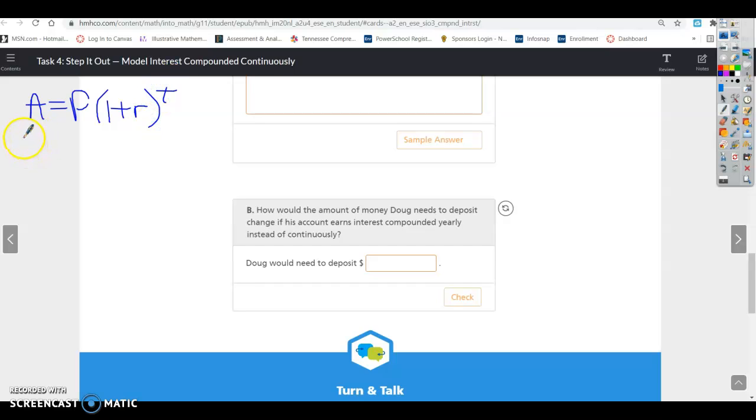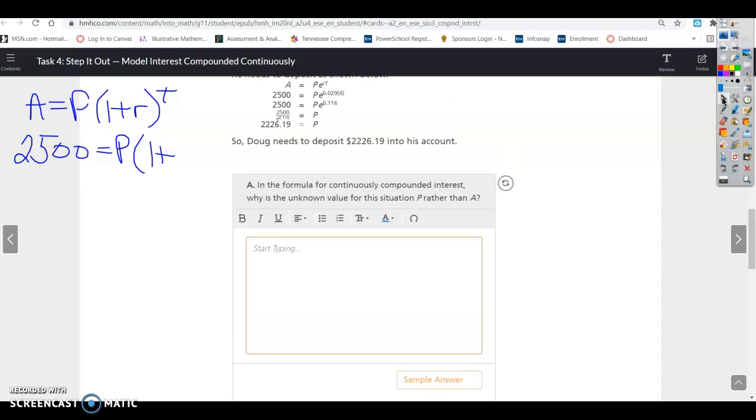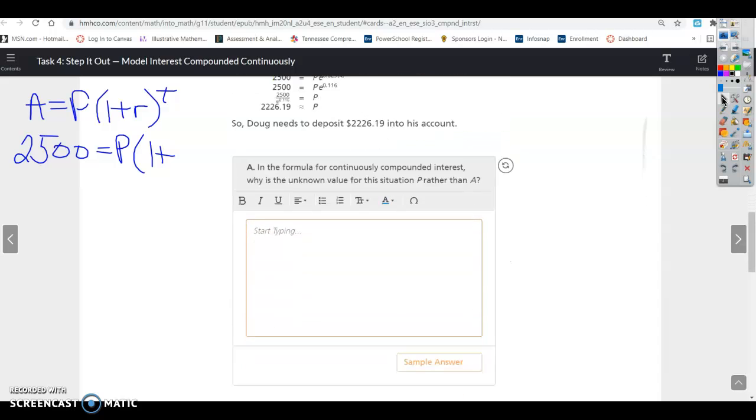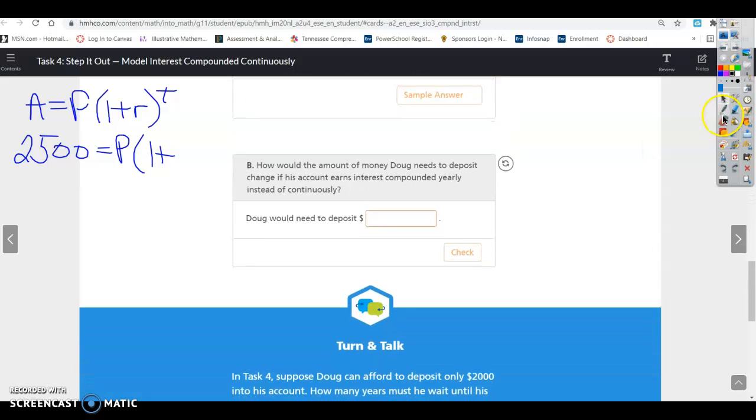So we know that we need $2,500 in the account. That's how much the trip cost. And we're looking to find a principal. And the interest rate was, I think, 2.9%. Yes, 2.9%. All right, so 0.029 and for 4 years.